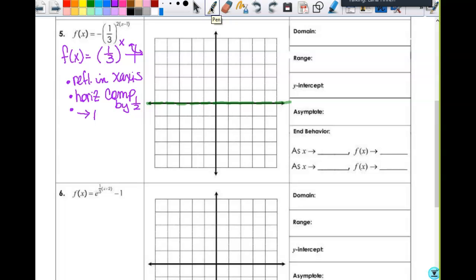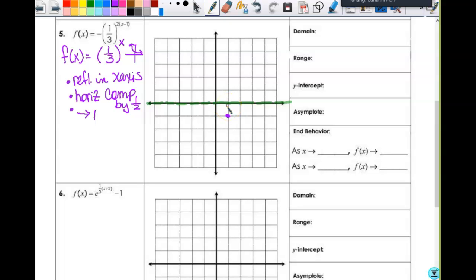All right, so let's figure out our anchor points. When x is 0, y is 1 every time. I reflect in the x-axis, so it's going to come down here. Horizontal compression by 1/2, so since I'm on the axis, I don't go anywhere, and then I move to the right 1. When x is 1, y would be 1/3 for my parent function. I reflect in the x-axis, so it comes down here.